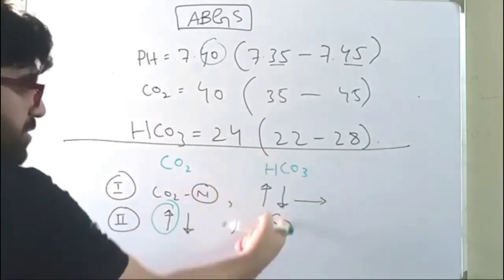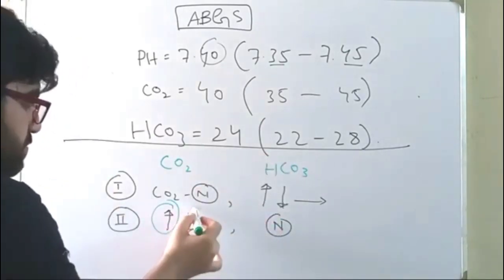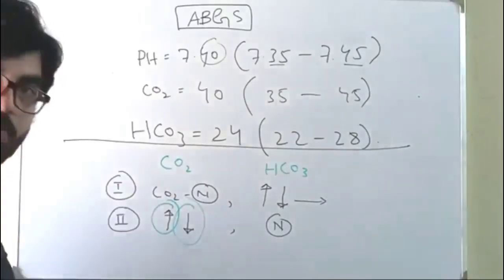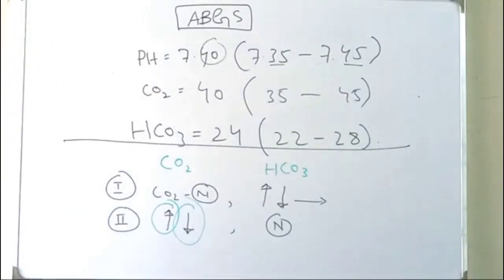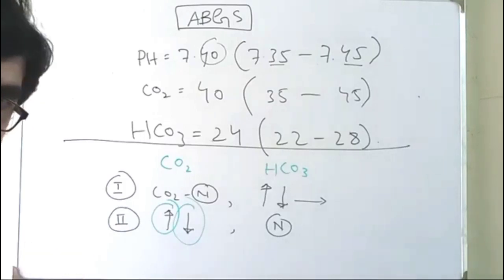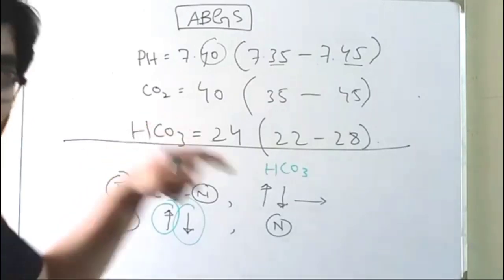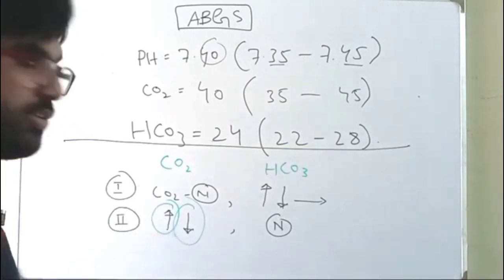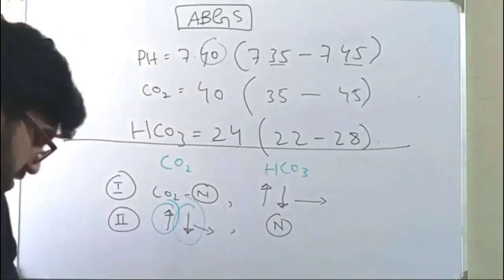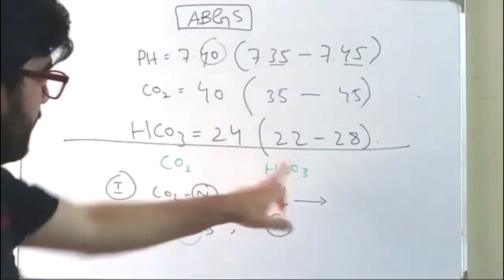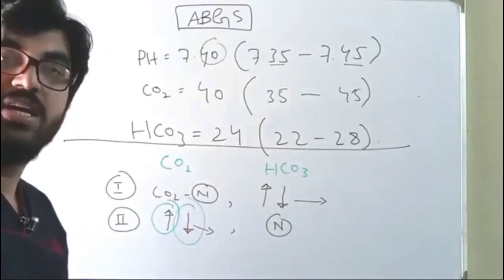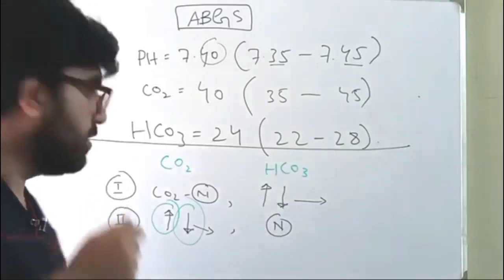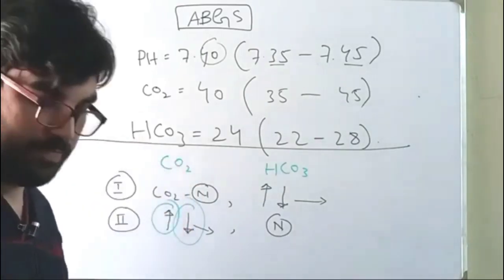And if the bicarbonate is within the normal range and the CO2 is moving down, then this condition is called what? If the CO2 is moving down, CO2 acts like acid. If acid is decreasing in the blood, it means alkalosis. But CO2 is a respiratory component, so it is respiratory alkalosis. So it's very simple. If one thing is within the normal range and the other thing is moving up or down, we can diagnose it very quickly.